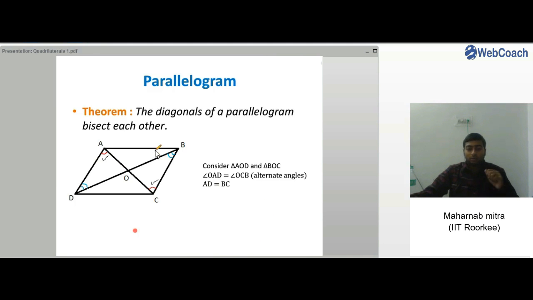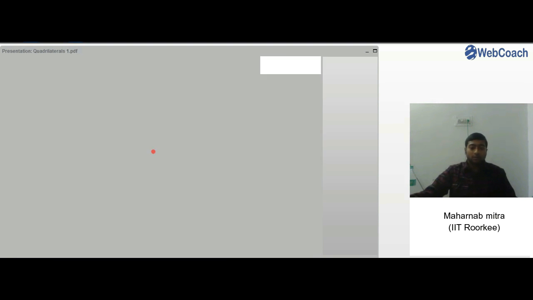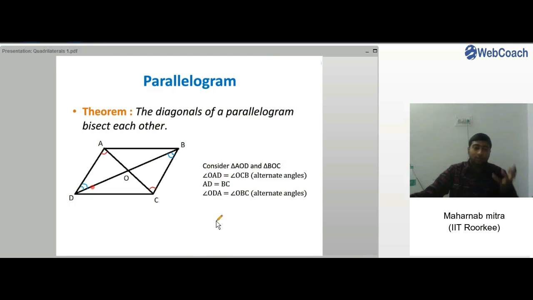And also the blue angles, which are angle ODA and angle OBC, are also equal, as they are also alternate angles, where BD is the transversal and AD and BC are the parallel sides. So we have got three conditions for these triangles to be equal to each other, which are angle, side and angle. So we can say that these two triangles are congruent to each other.